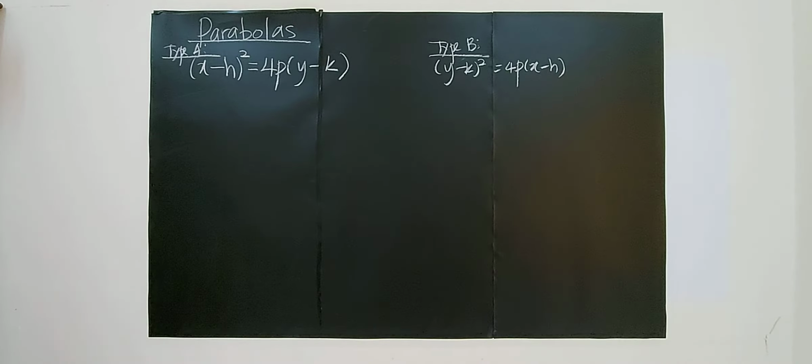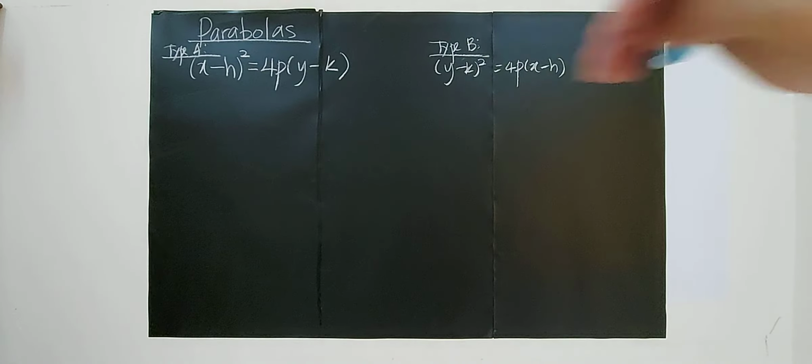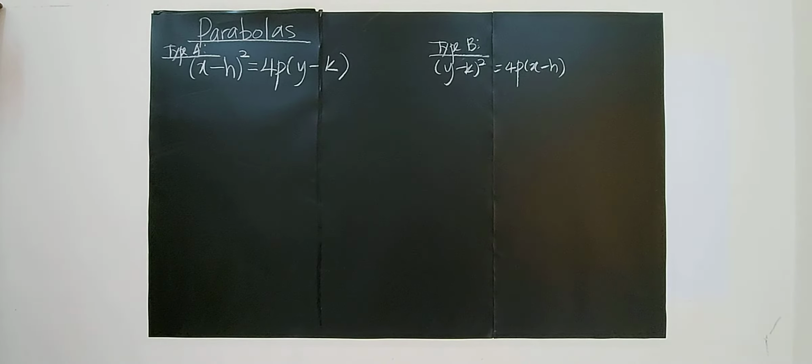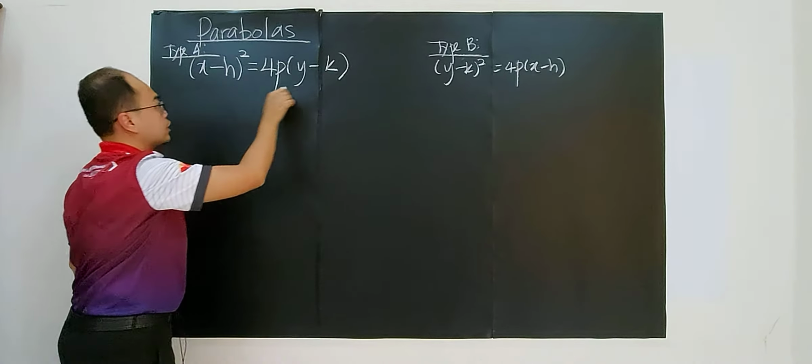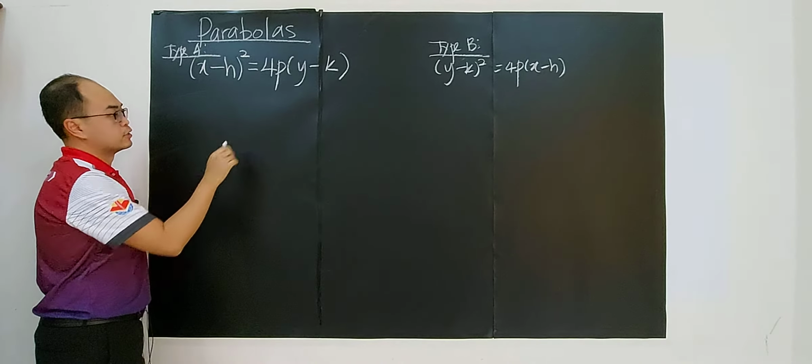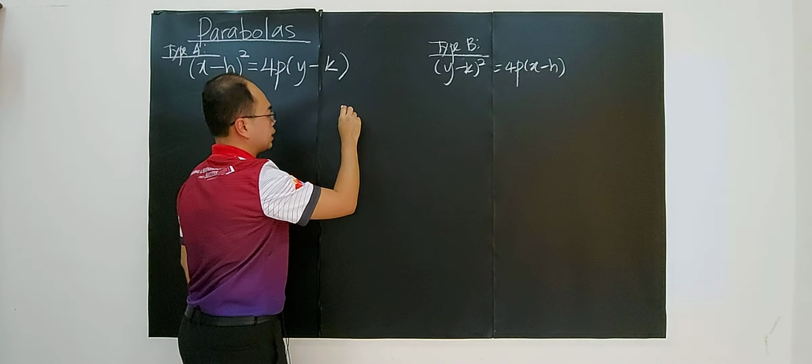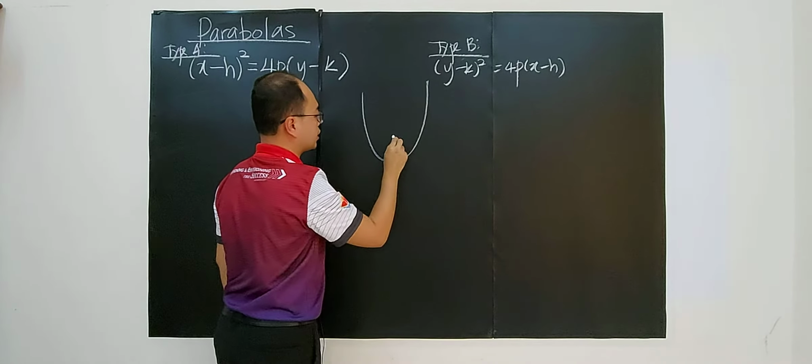You need to identify and understand this standard equation so that you can really master the topic of parabolas. Let's start with type A. For type A, from this equation we can actually identify things. As you know, a parabola consists of a focus.